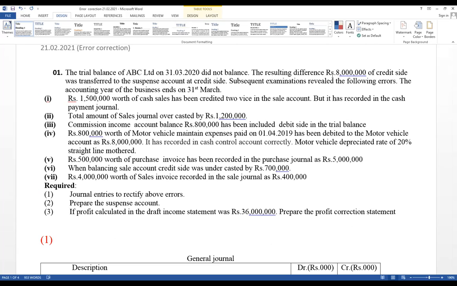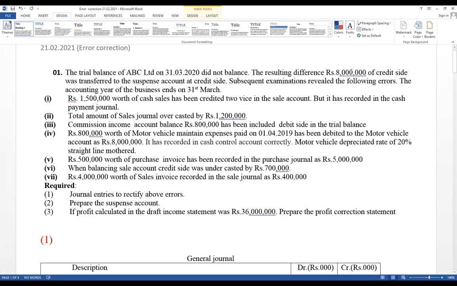Trial balance එකේ credit පැත්ත 8000 අඩුයි. That is the meaning of the balance. Therefore, the balance available on the credit side of the suspense accounts means the trial balance credit side decreased by 8 million.